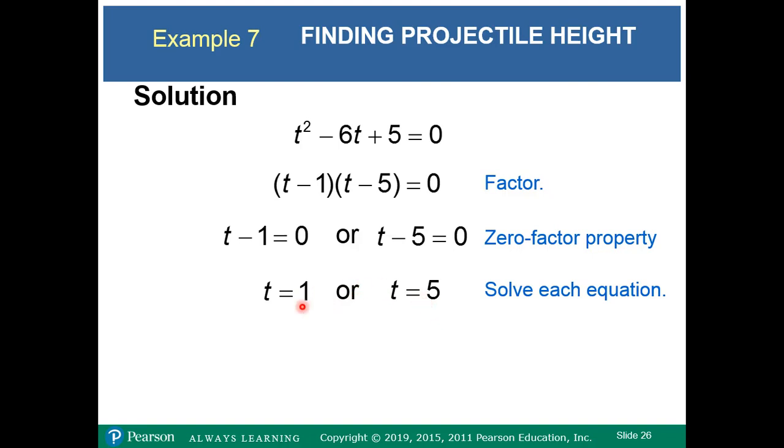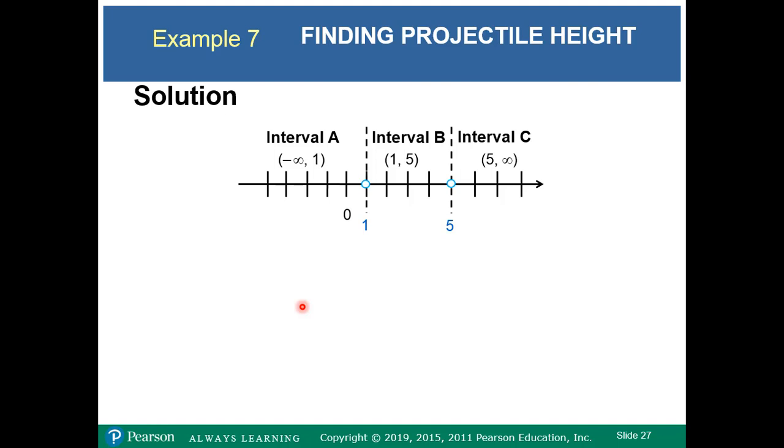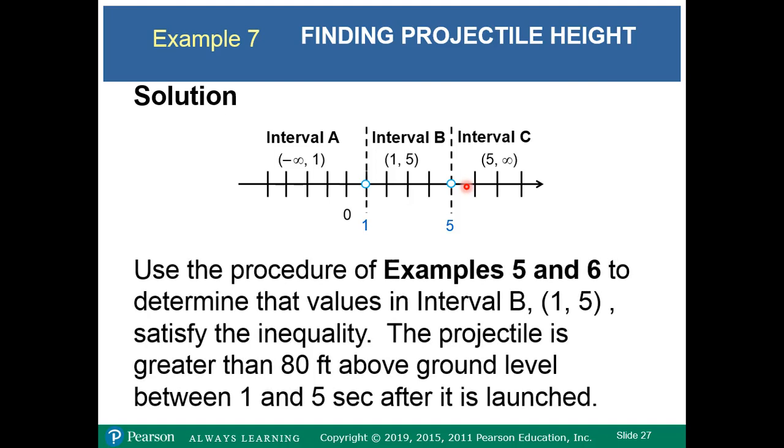But let's look closer. Let's go through the process and see if we're right. Let's go through our steps. Here we're going to do our test point, which we'll use 0. Here we'll use 1, and here we'll use 6. So now let's do it.